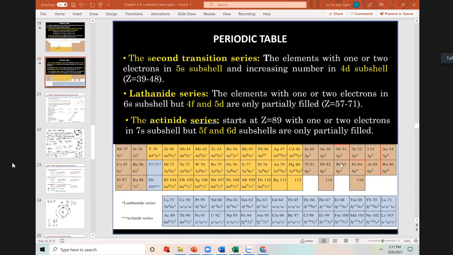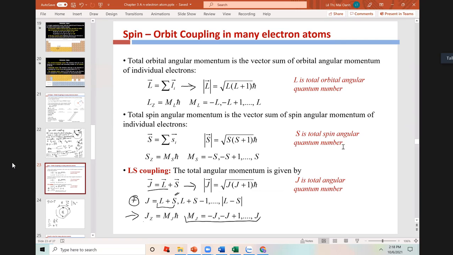Any question here? So we move to another section: spin orbit coupling.